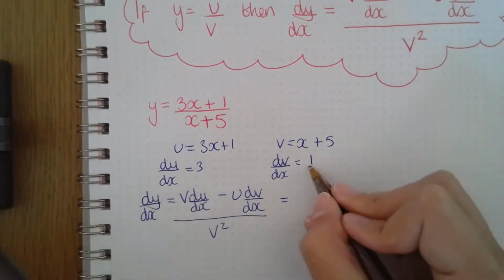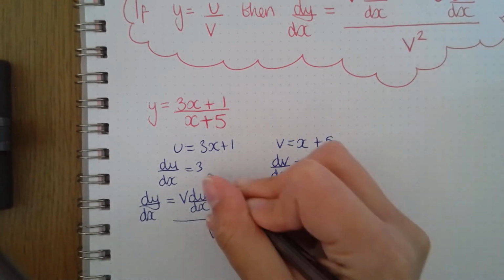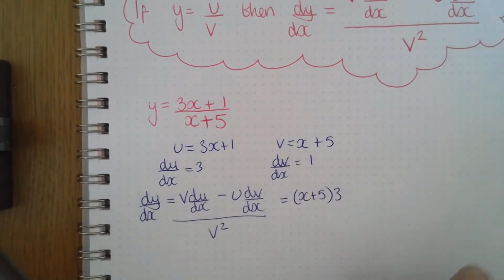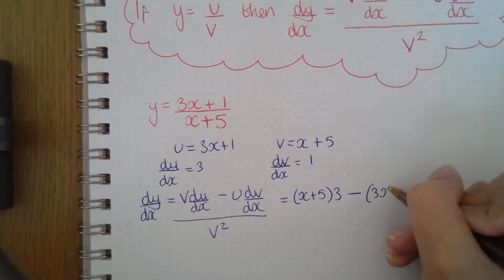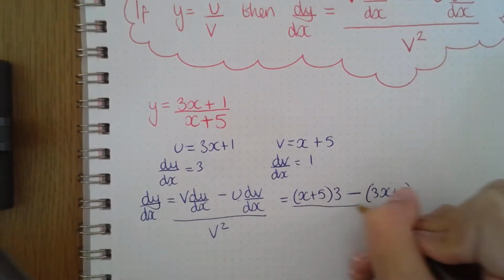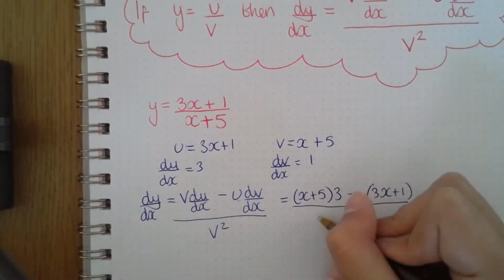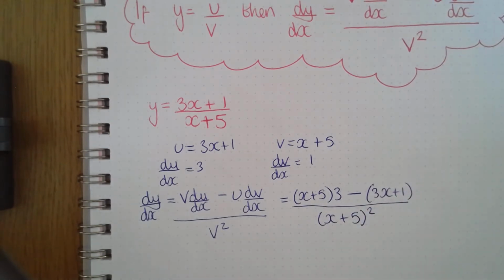So v is x plus 5, du/dx is 3, take away u, which is 3x plus 1, dv/dx is 1, so I don't need to write it, all over v squared, (x plus 5) all squared.